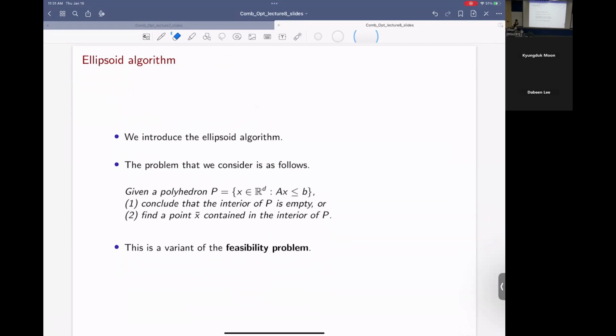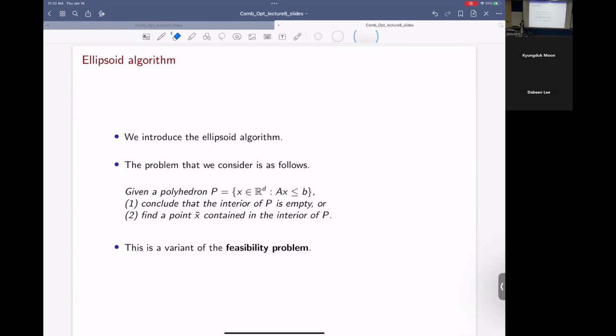So the ellipsoid algorithm does the following. You are given a polyhedron, and I'm looking at the feasibility problem over this polyhedron. Given this polyhedron with this system of linear inequalities, I want to decide whether the interior is empty, or I want to find a solution that's inside the interior of it.